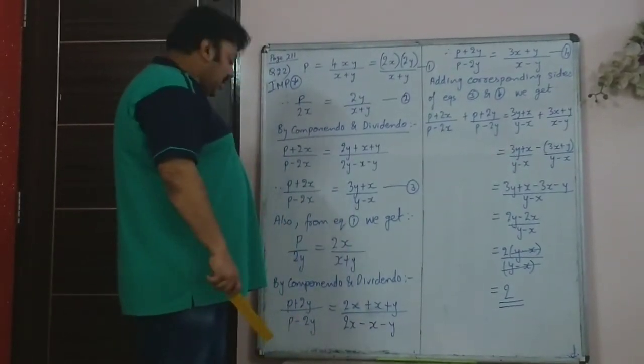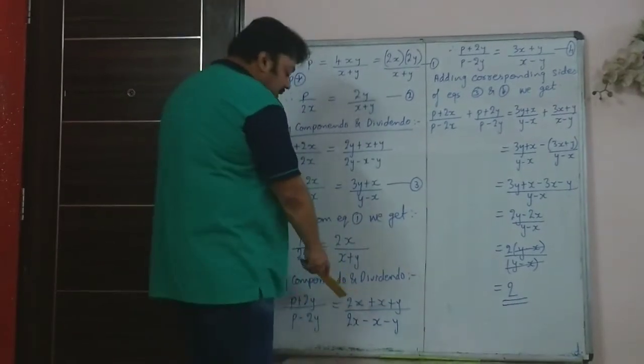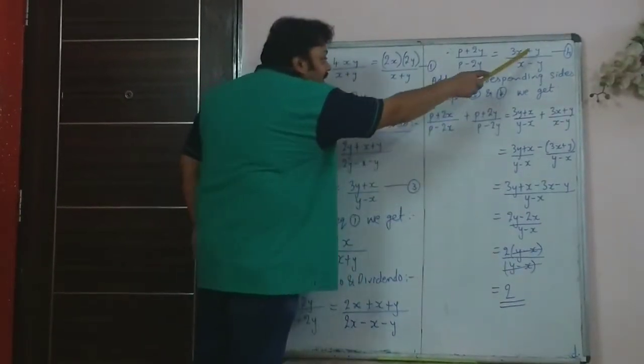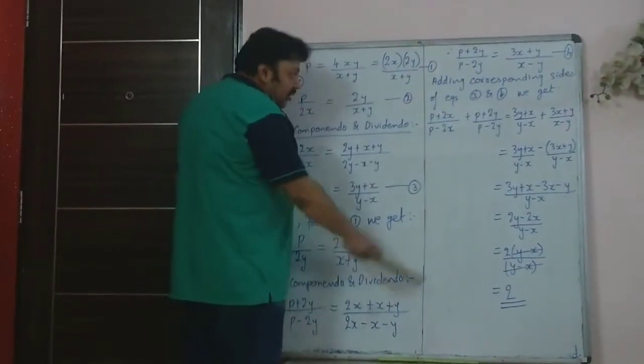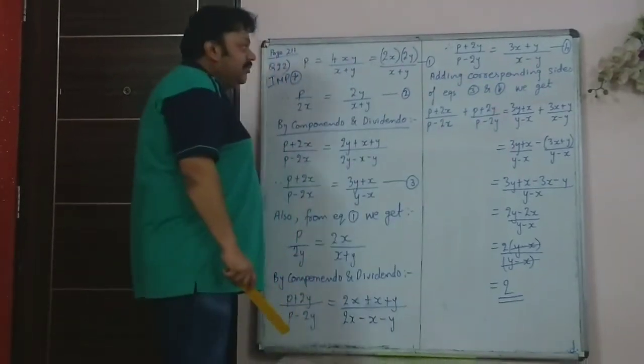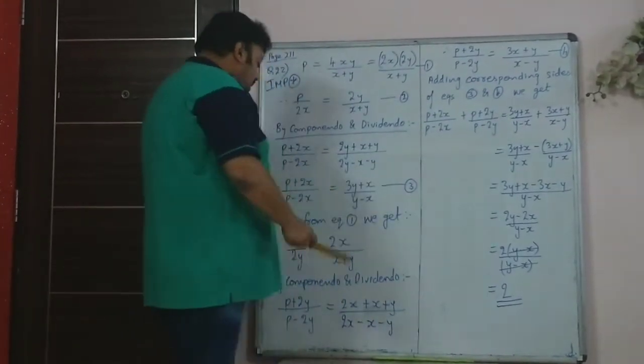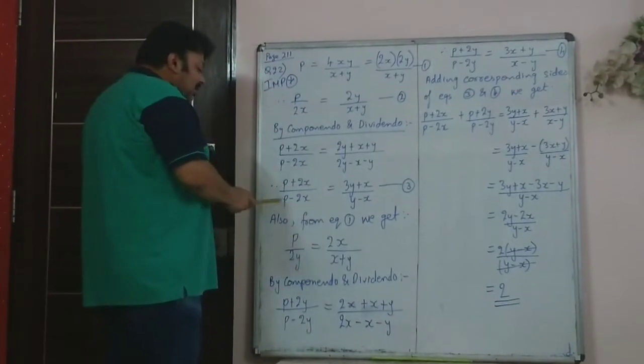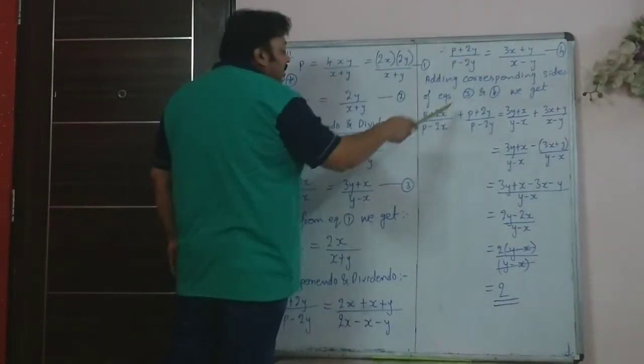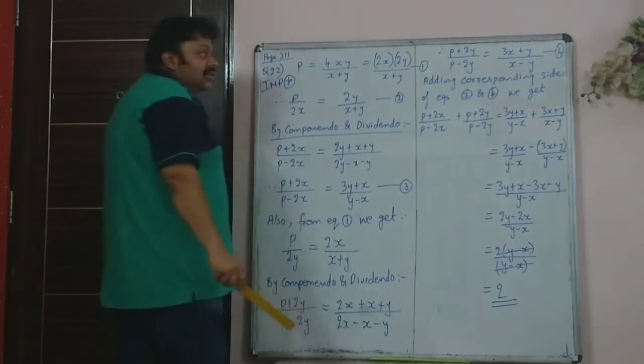So p plus 2y upon p minus 2y, when I add it, it becomes 3x plus y, and denominator becomes x minus y. Now I know that I have to add this and this, because that is my left hand side of the final answer that I need.